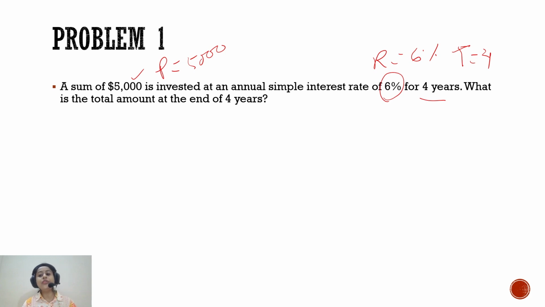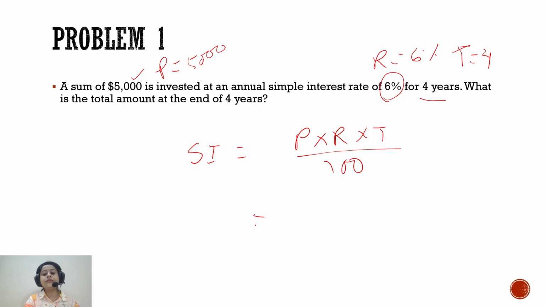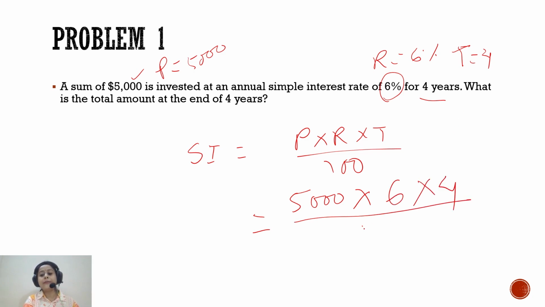I have to calculate the total simple interest at the end of the 4 years. It is also very simple to calculate. As you know, P into R into T by 100 is the formula for calculating simple interest.